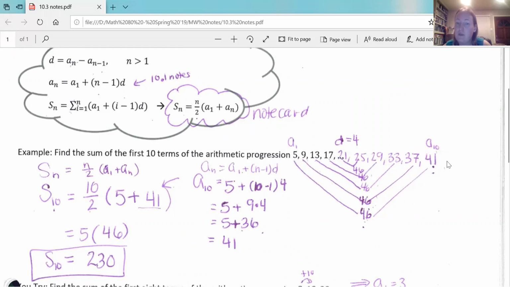First and last, second from the first, second from the last, third from the first, third from the last, all the way in. So your first and last have the same value. So it's just the first plus the last times the number of pairs you'd have. So for 10 terms, you'll have 1, 2, 3, 4, 5, half of them, because they're paired up.